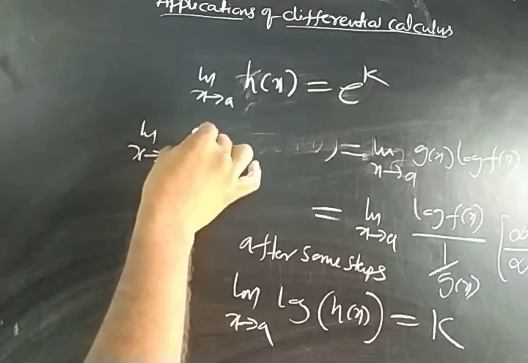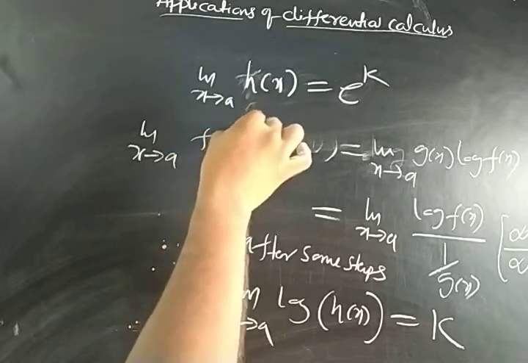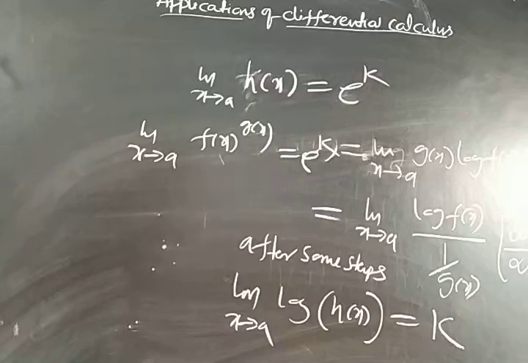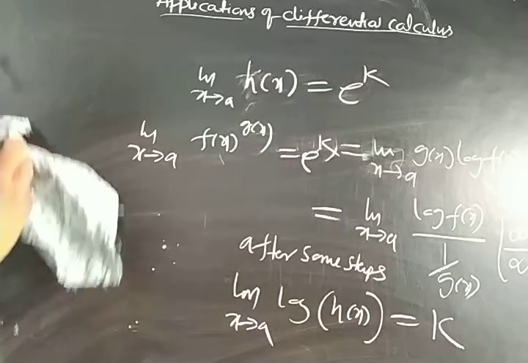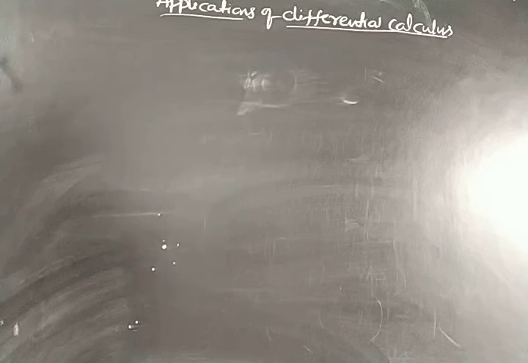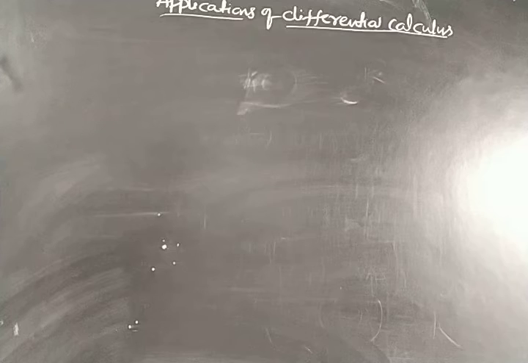Limit as x tends to a of f of x whole power g of x is equal to e power k. Okay. So the same procedure you can apply for the 0 power 0 form, 1 power infinity form, and the remaining forms also, 1 power 1, 0 power infinity also. The same method you can apply.